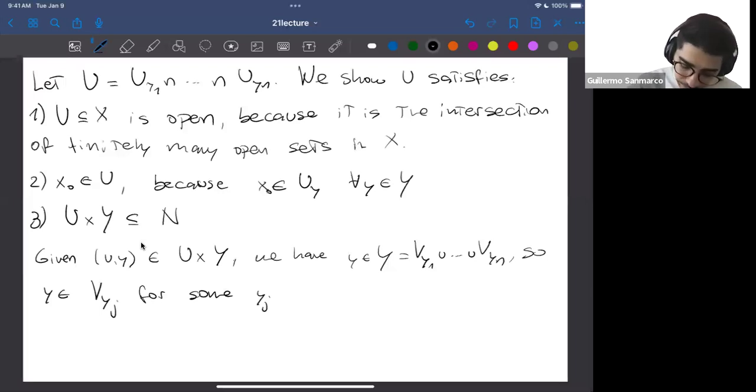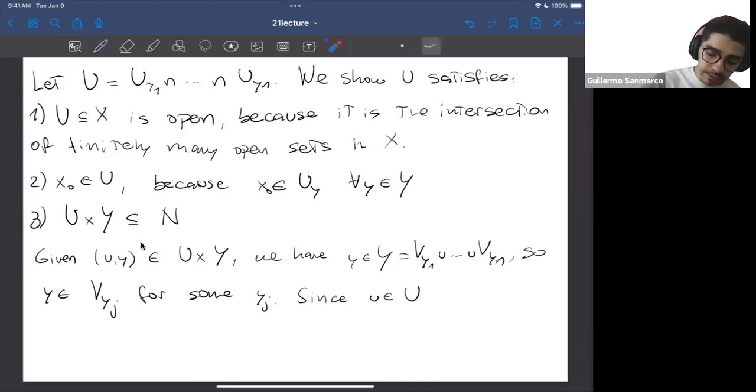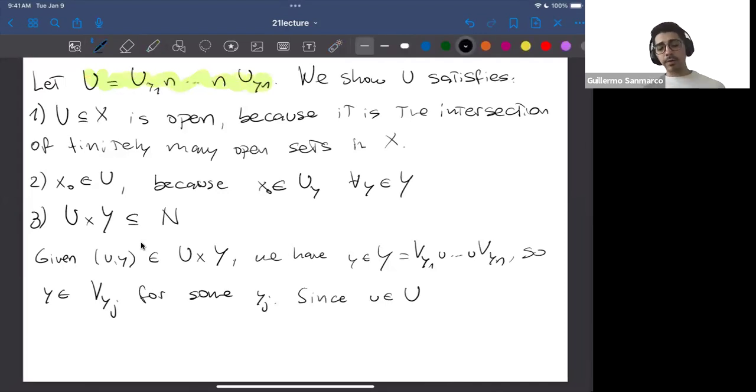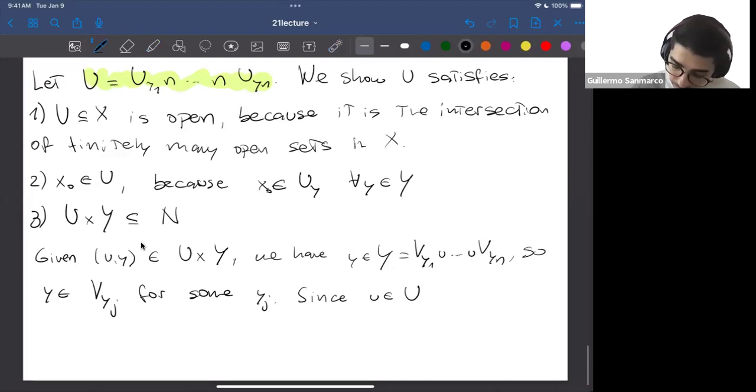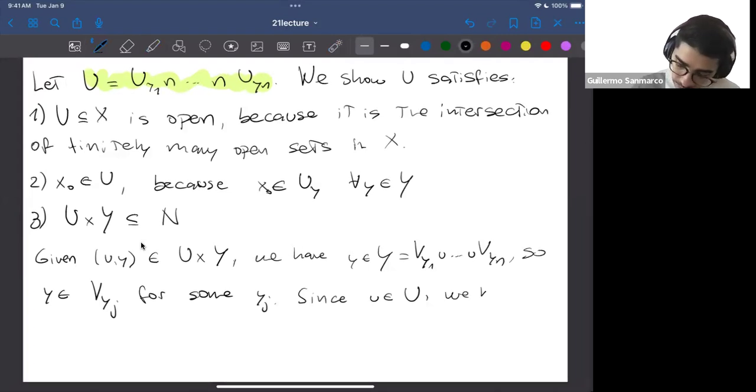But then, since u lives in big U, which is the intersection of U_y1 through U_yn, we know that u is going to live in that particular U_yj.